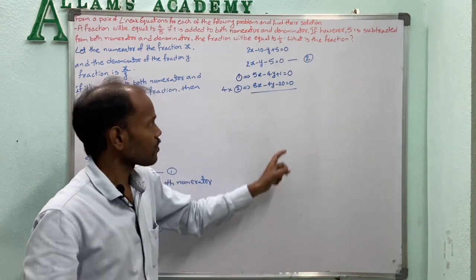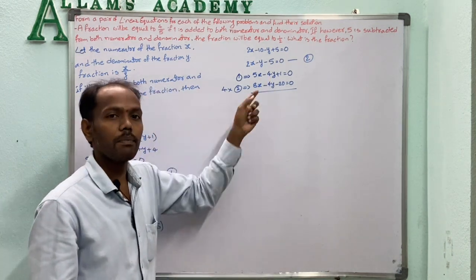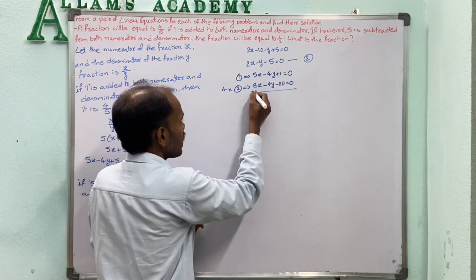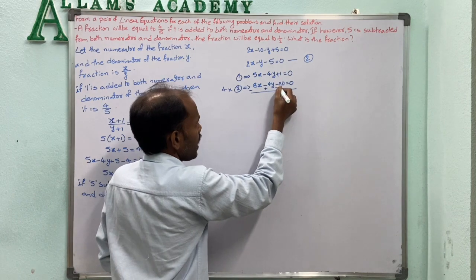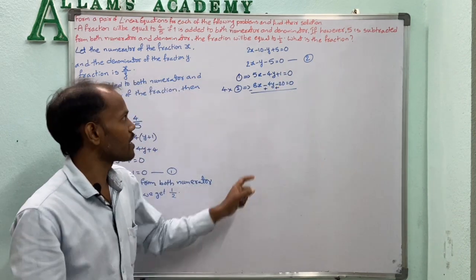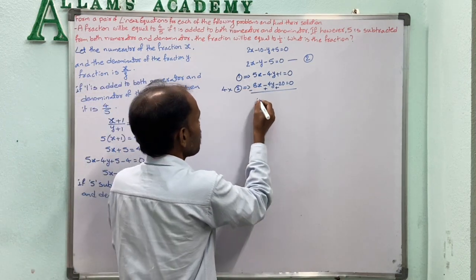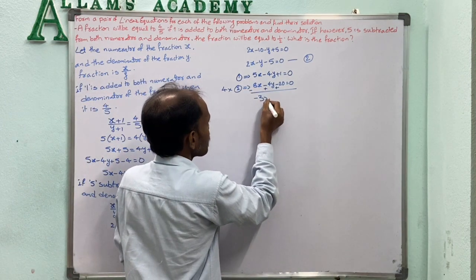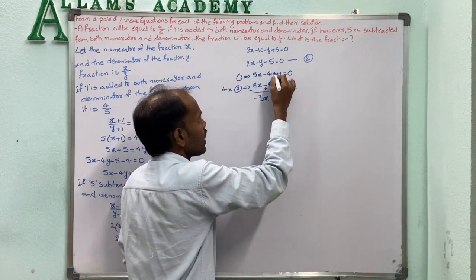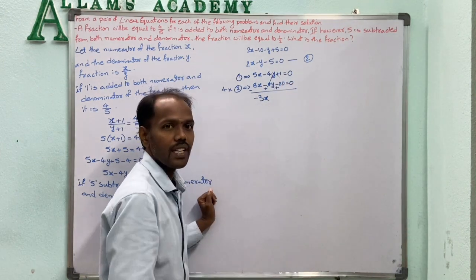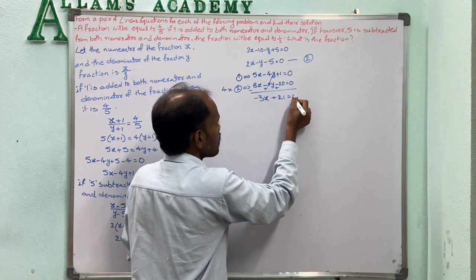Now both y terms are minus 4y, so for that purpose we subtract. Here the signs will be changed: plus will be minus, minus will be plus and minus will be plus. Minus 8x plus 5x is nothing but minus 3x, and minus 4y plus 4y, both get cancelled. 1 plus 20 is 21, equal to 0.